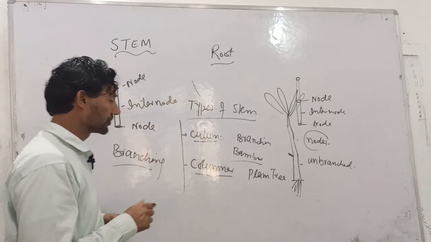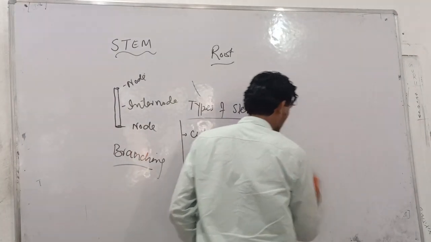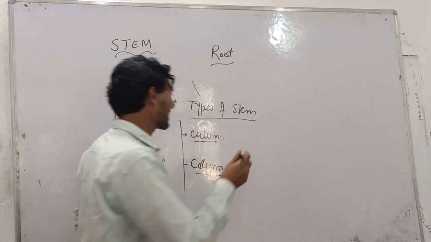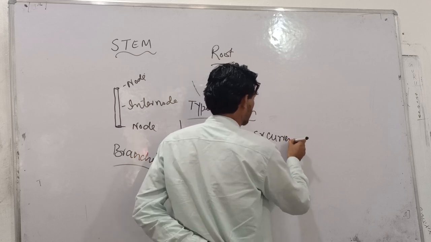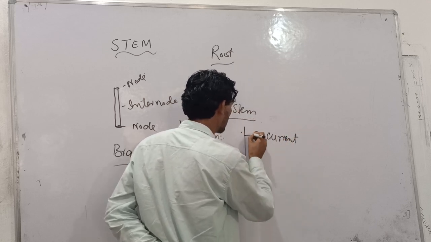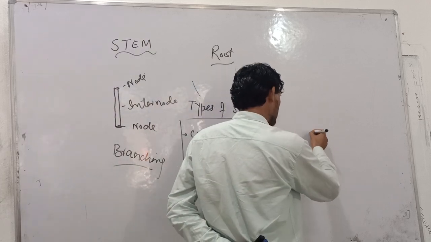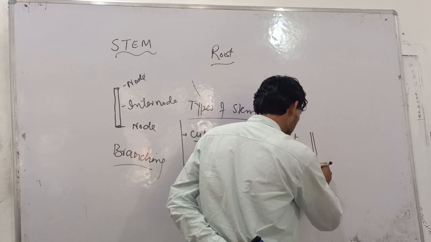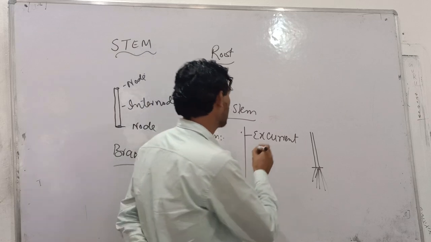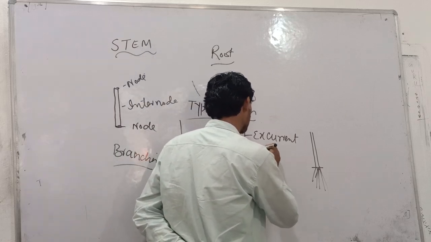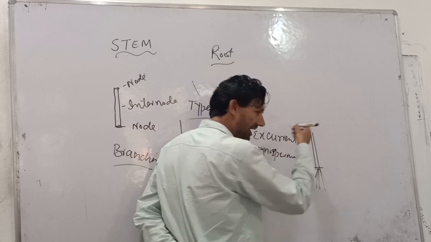The third type of stem is called excurrent. An excurrent stem is mainly found in gymnosperms, for example Pinus.